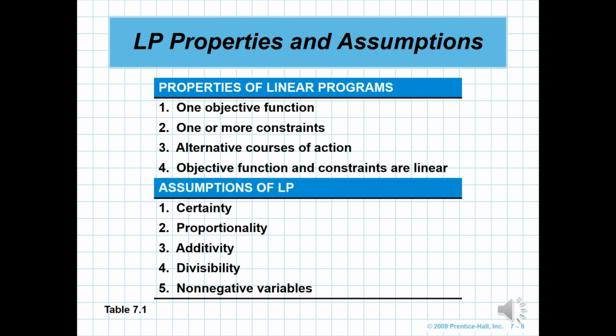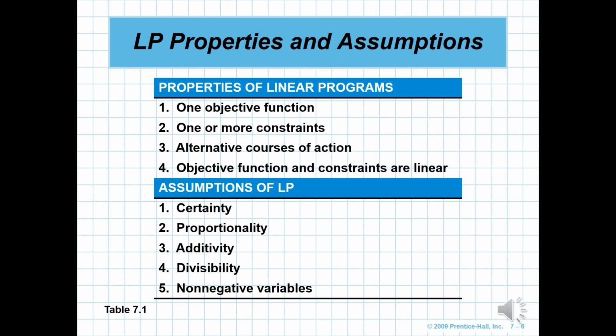LP properties and assumptions. This is the conclusion from the previous slide. For the properties of linear programming, we have one objective function, one or more constraints, alternative courses of action, and the objective function and constraints must be linear.